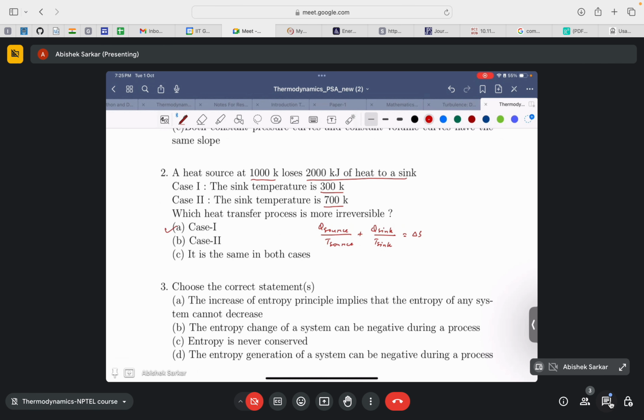But in that line of thought, by looking at the temperatures of the source and the sink, you can directly tell that since in case 2 the temperature difference between the source and the sink is lesser than in case 1, case 1 should be more irreversible.